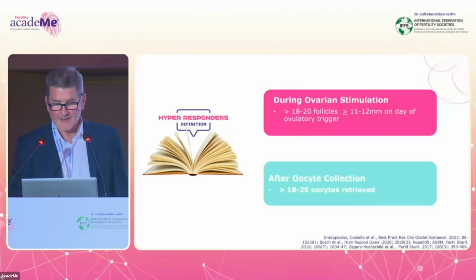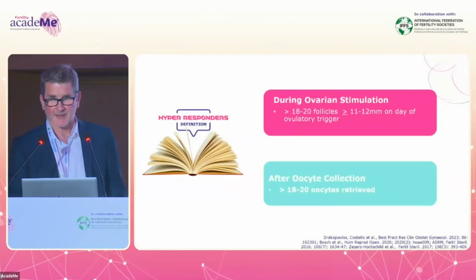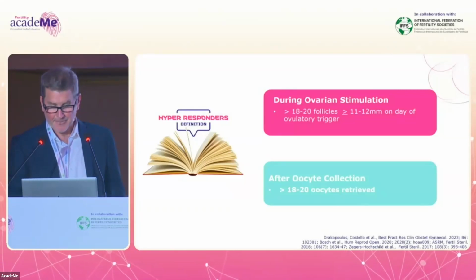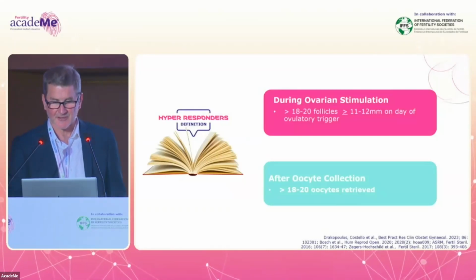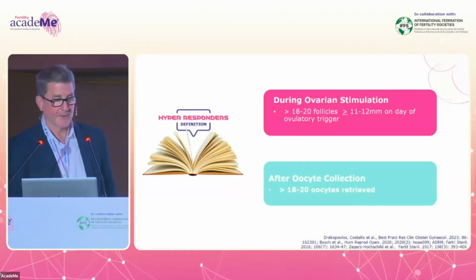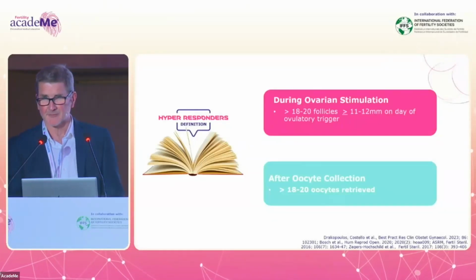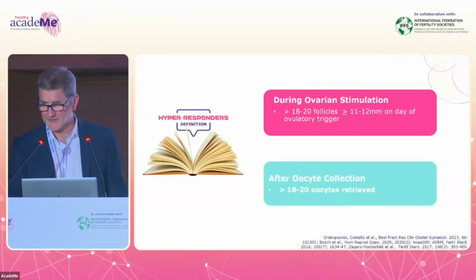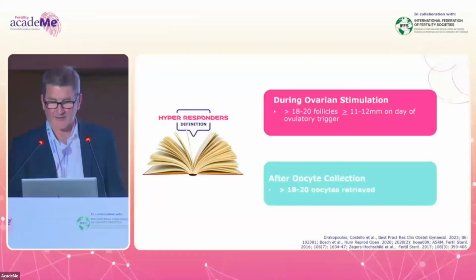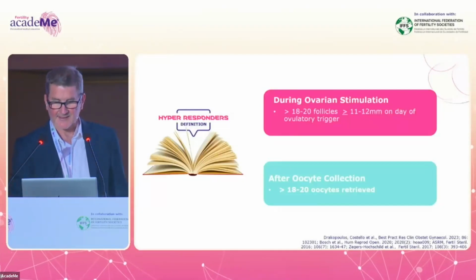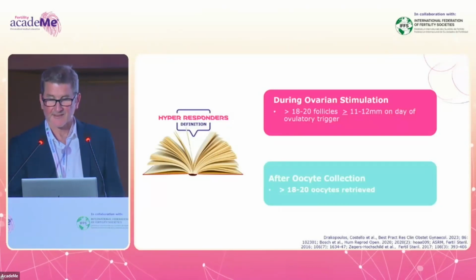And the consensus from an IVF hyperresponder international expert consensus meeting published in 2023 this year, we came up with these numbers here to diagnose hyperresponders, and these numbers are based on the ESHRE guidelines for ovarian stimulation published in 2020, the ASRM guidelines published in 2016, and the ICMART consensus published in 2017.